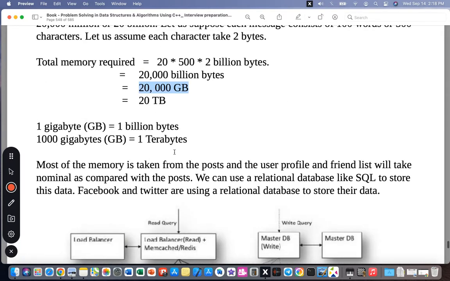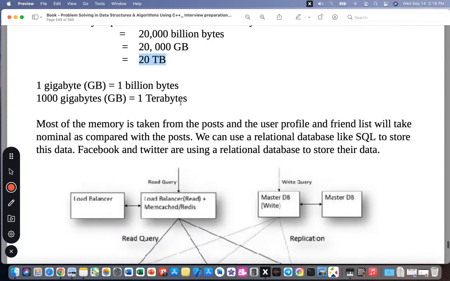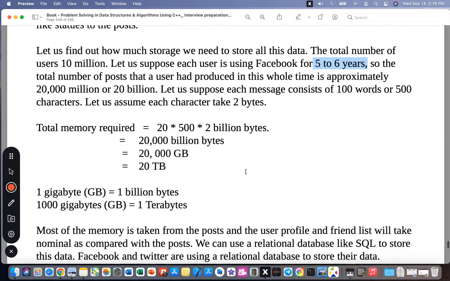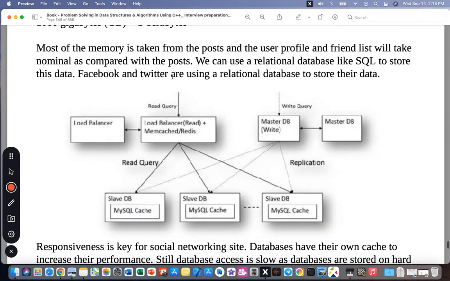So till now we need 20 terabytes of storage. For what? For 5 to 6 years only, right? Most of the memory is taken by the posts, and the user profile and friend list will take a nominal amount compared with the posts.